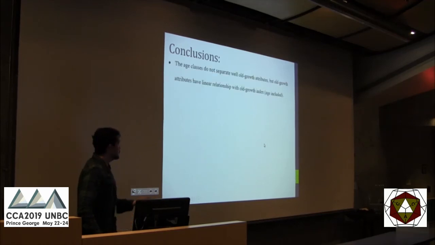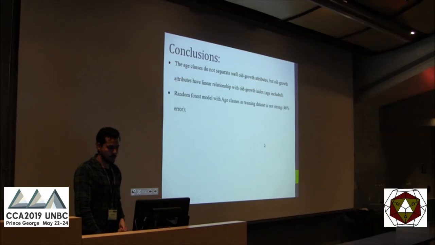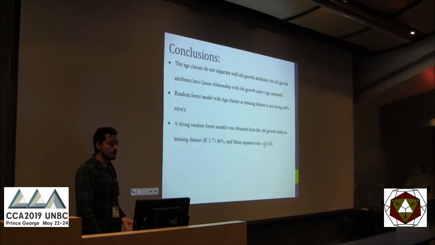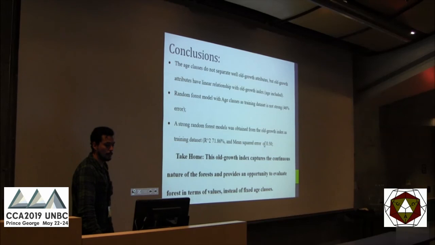For my first conclusions, I see that the age classes do not separate the old growth attributes well. But the old growth index has a linear relationship with the old growth attributes, which is pretty good. The random forest model that I did for age classes didn't do very well, but with the index it was a good model, predicting around 72% explained variation.